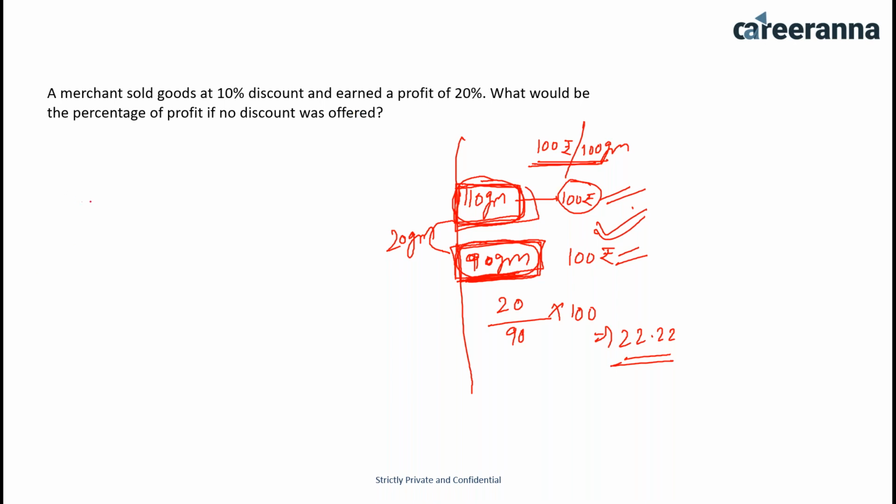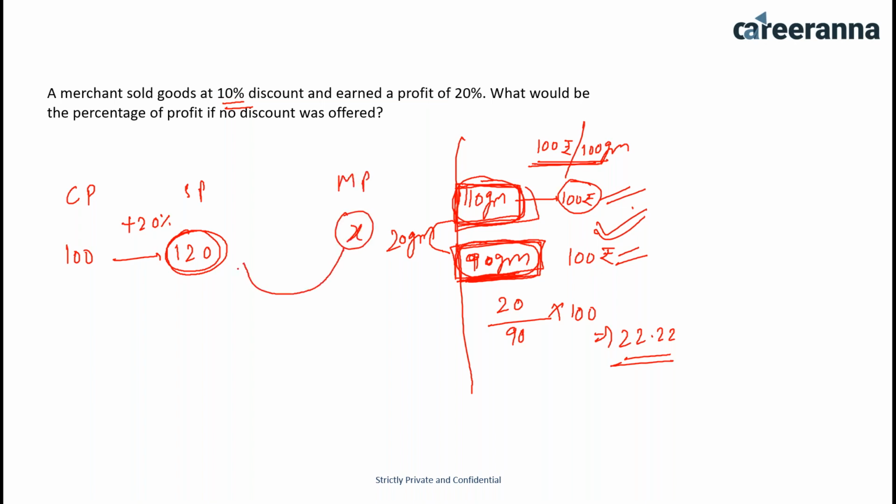okay, so let me solve it for you. Suppose that cost price is 100 and there is a profit of 20%. It is 120. Selling price is 120. Now, selling price is 120. As per the question, there was 10% discount. That means there is a mark price X, and after allowing 10% discount, it is 120.